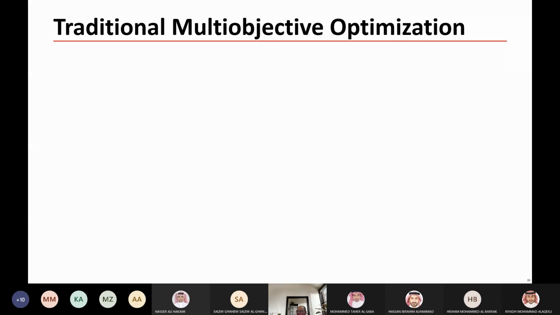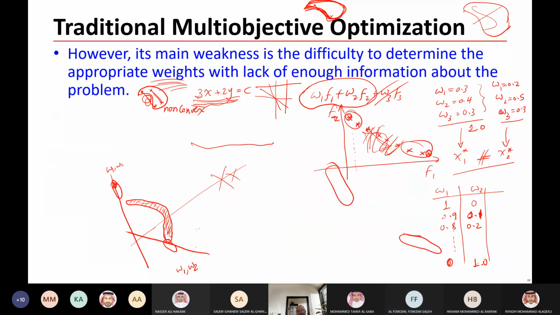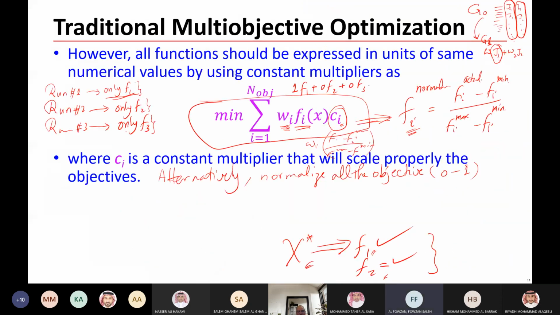Doctor, just a quick question about the same slides from a moment ago. When we consider having different runs, for example, the previous one, we consider only F1, and then we consider only F2 and F3.